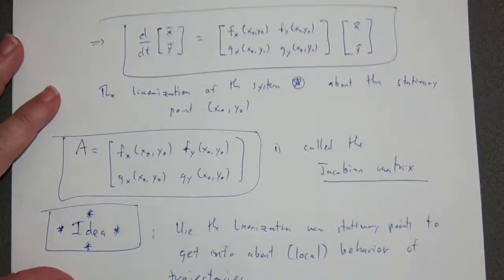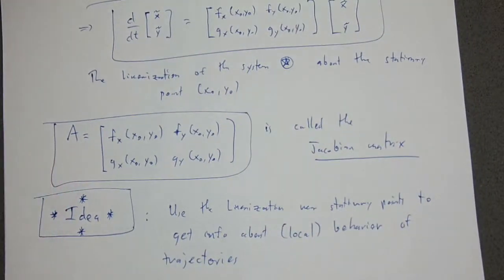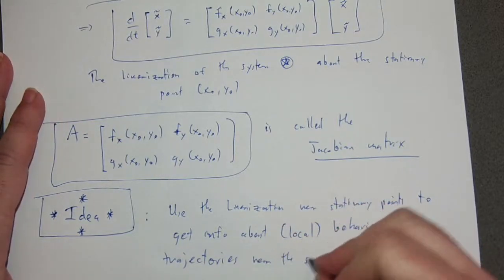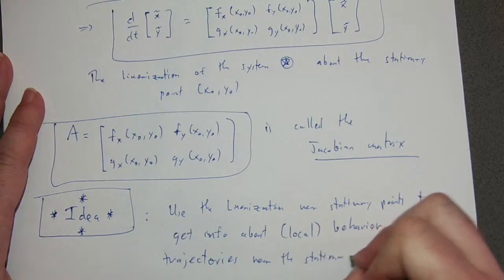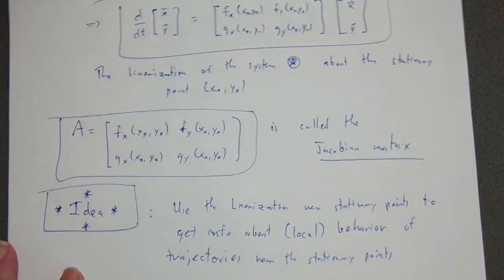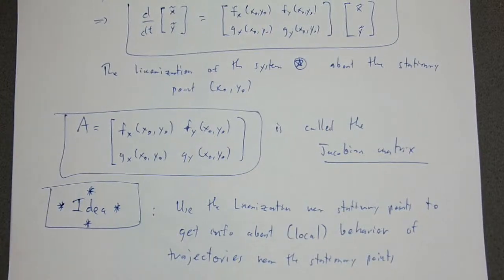We're not going to be able to deduce anything about global behavior necessarily, but local behavior, and what we mean by that is near the stationary points. Near the stationary points, we're going to be able to see what happens.